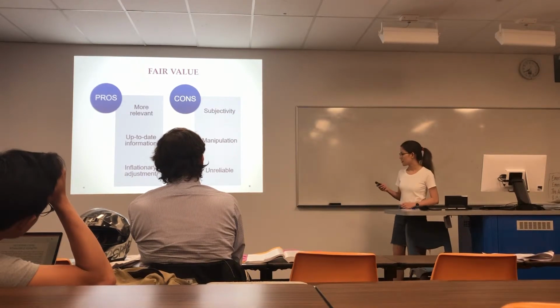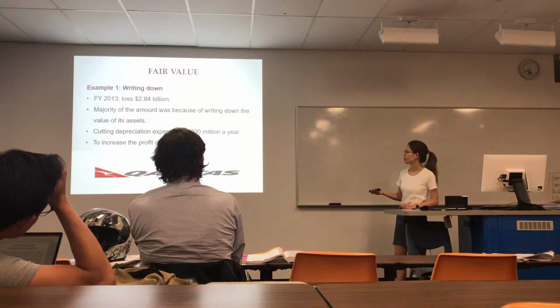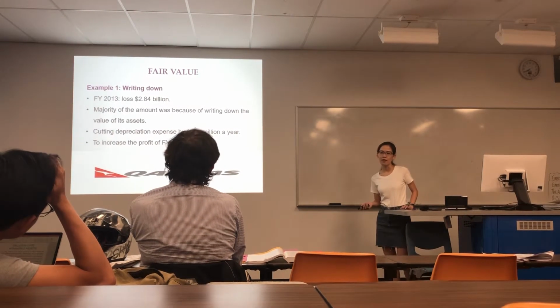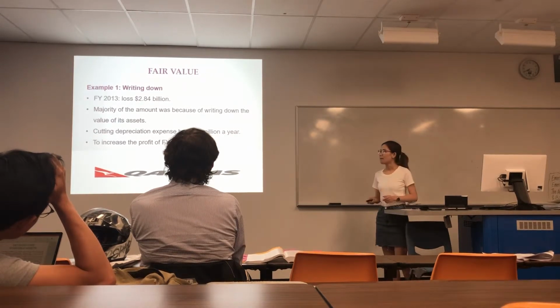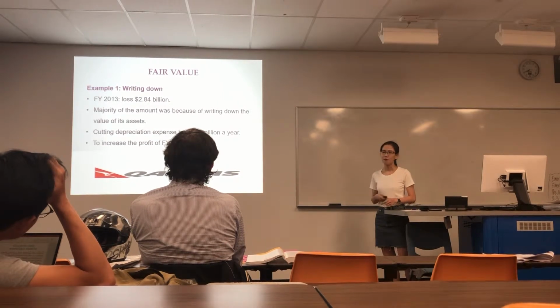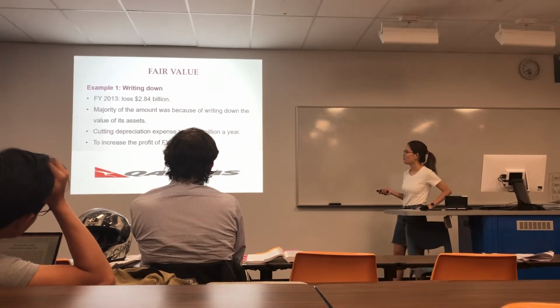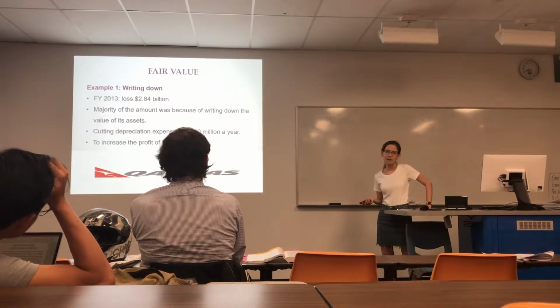Let me give you an example. In 2014, Qantas Airways reported that they strategically made a loss of $2.8 billion. The majority of this amount was because of writing down the value of the assets.